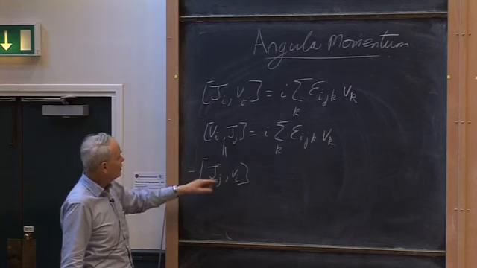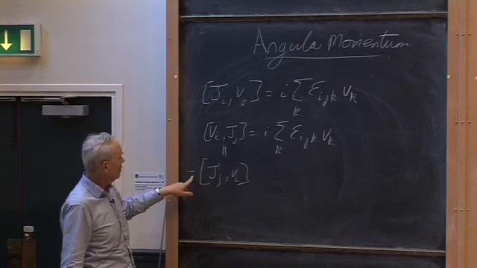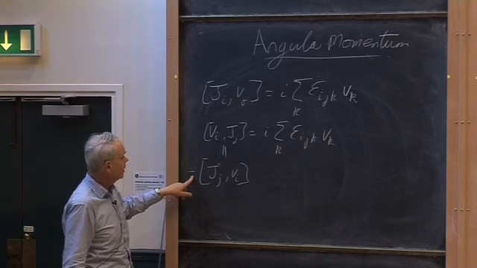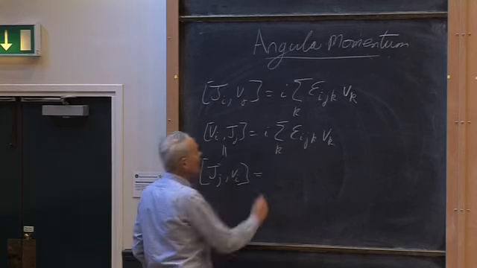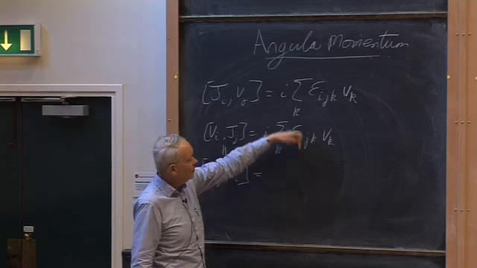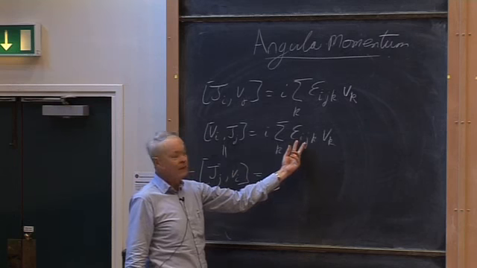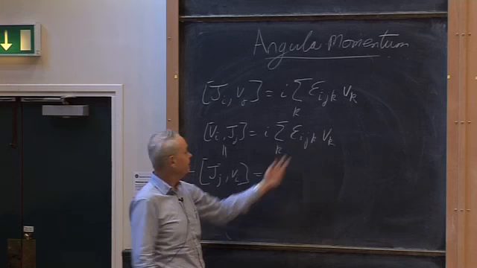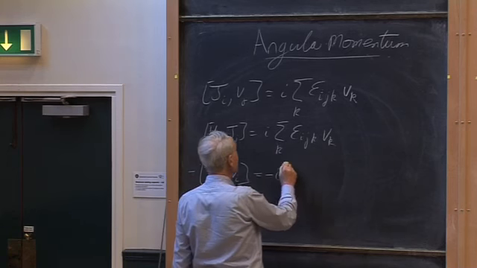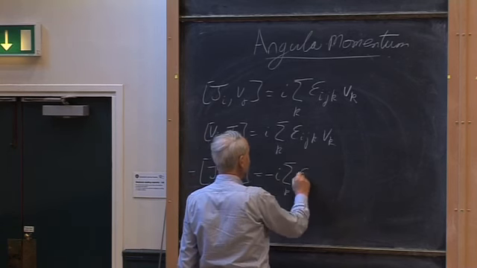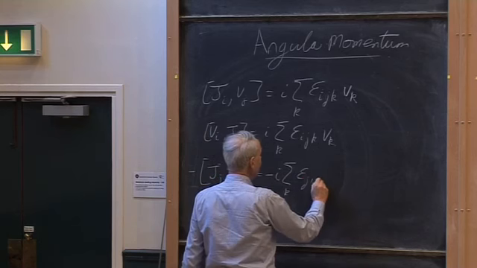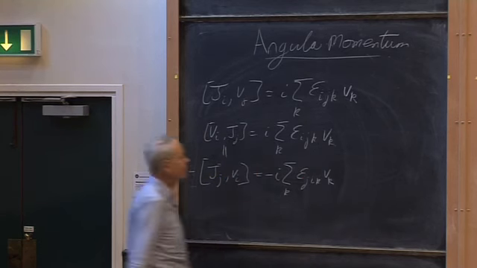So if I swap these two operators, of course, I pick up a minus sign. But then I can pick up a matching minus sign on the right side by swapping these two indices of the epsilon symbol. So that's minus i sigma k epsilon j i k v k.